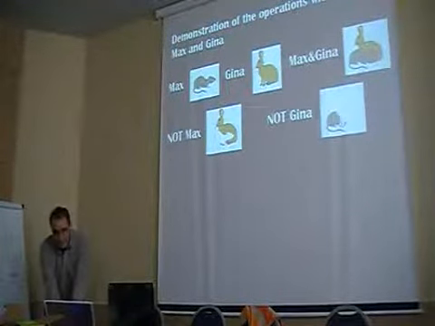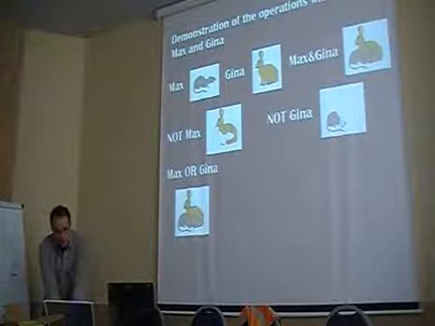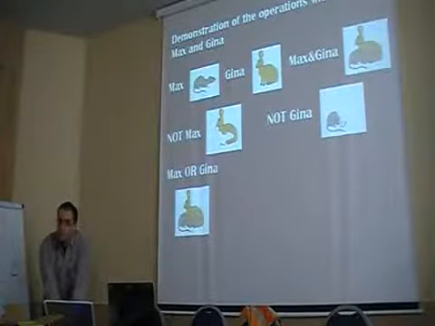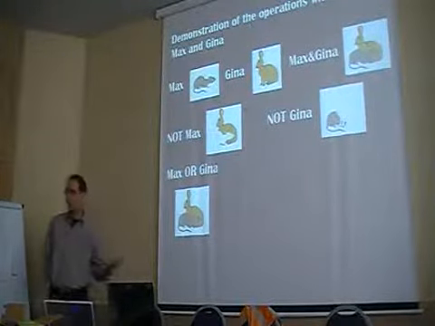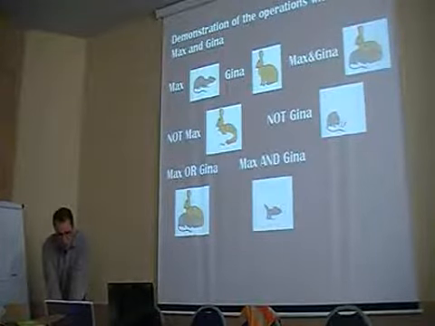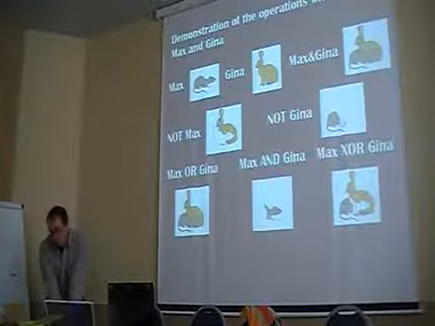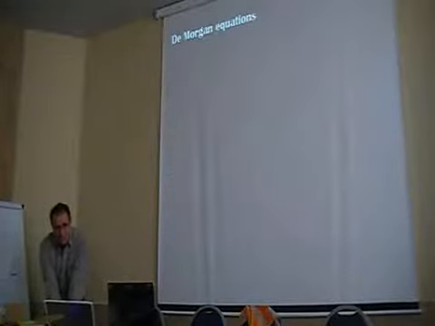And if I would like to demonstrate not Gina, it's everything outside Gina. Max or Gina means everything that is in Max or is in Gina. Max and Gina means only the common part of them, and finally we have Max XOR Gina. The common part is missing, of course.